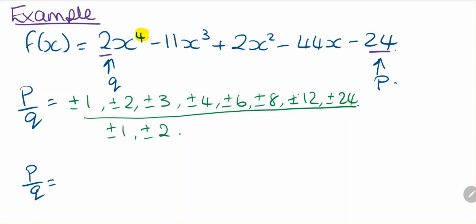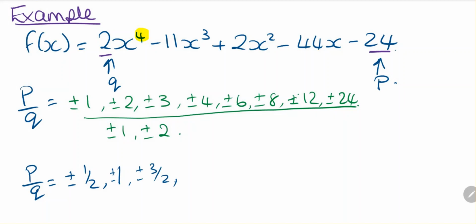Now we need to write out all the possible combinations. First of all, 1 divided by 2, so that's a half, so we could have plus or minus a half. Then we could have 1 divided by 1, so that would be 1. We'd also have 3 divided by 1, and 3 divided by 2, which is 1.5.